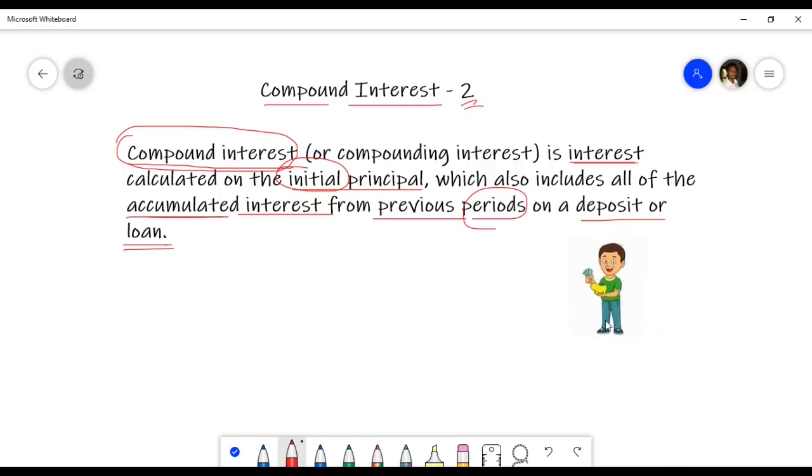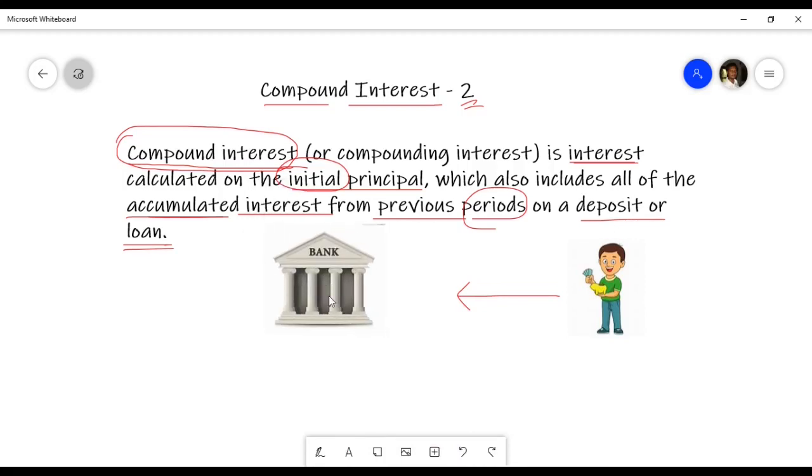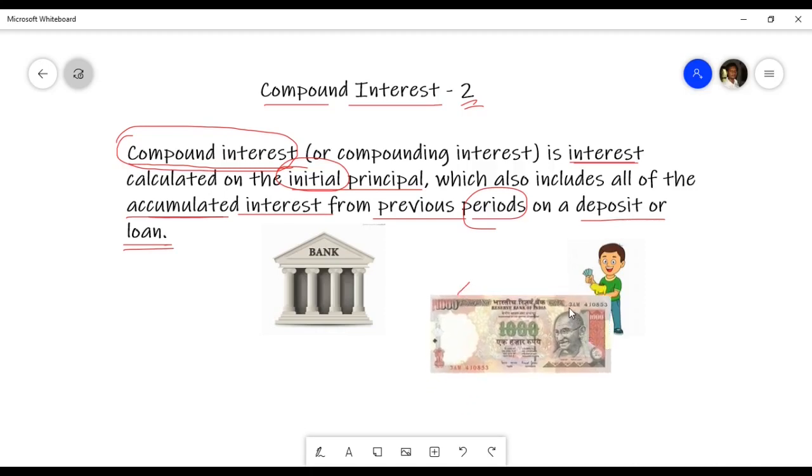using an illustration. Suppose there is a man who would like to deposit some money in a bank. Let us say that he wants to deposit 1000 rupees.